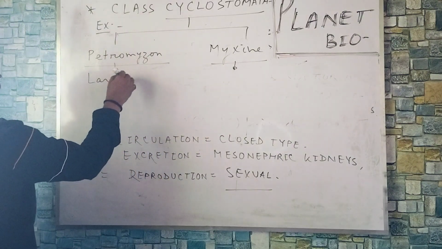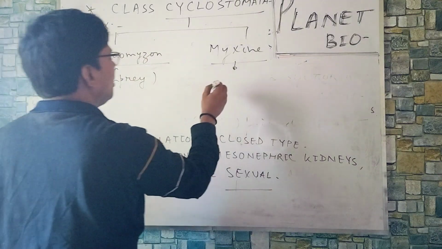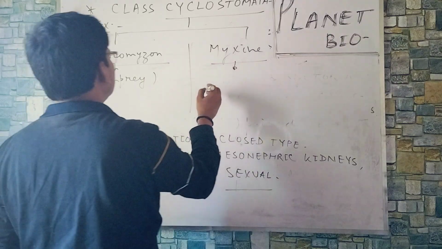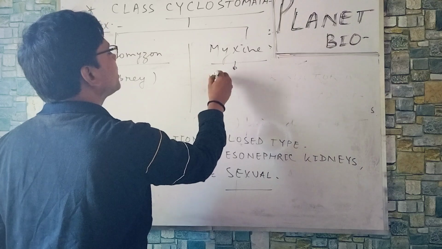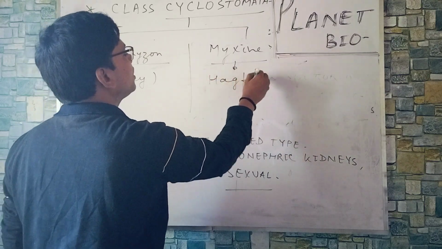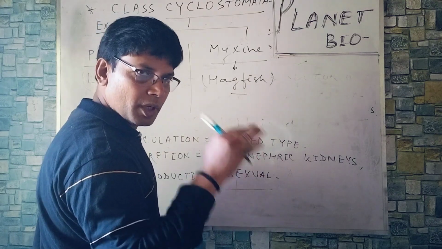Petromyzon is commonly called lamprey, and myxine is commonly called hagfish. This is not a true jawed fish. These are jawless fishes. Jaws and paired appendages are absent.